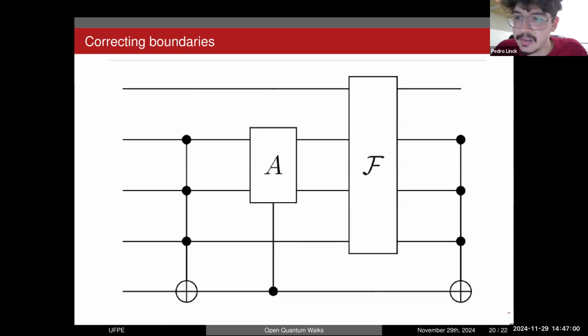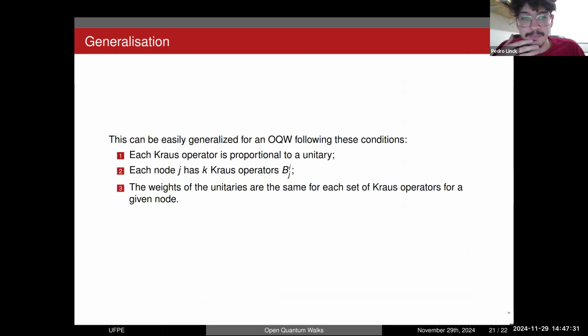And as I said in the abstract of this talk, of course, we can generalize this, exploring locality, for a more general type of topology. Note that in this entire talk I talked about just the linear topology, and we have so much to talk about it. But we can generalize this procedure to a more general type of topology, which is this kind here. Each Kraus operator is proportional to a unitary.